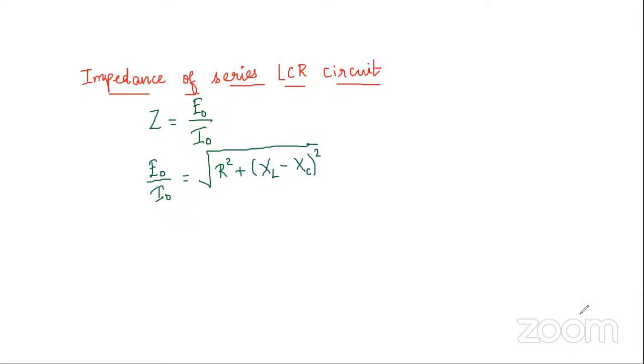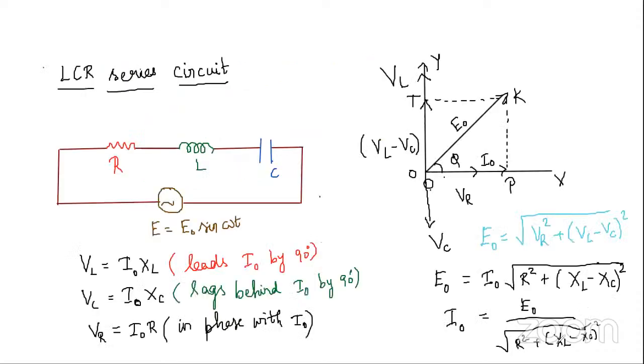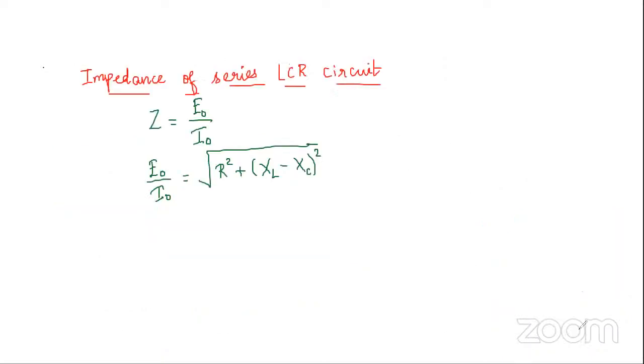So this equation we have discussed just now. Here you see when you take I naught to the other side, it will go to the denominator, and this square root of R square plus XL minus XC the whole square will go to this side, that is numerator. So E naught by I naught equal to root of R square plus XL minus XC the whole square. So this E naught by I naught is equal to Z.